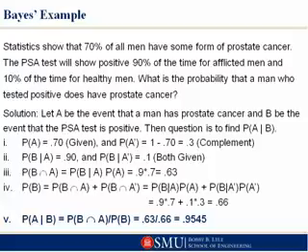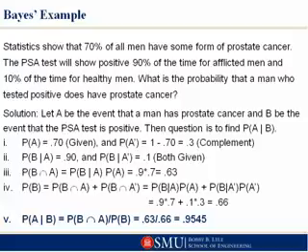This is kind of what you run into, right? You can have false positives and false negatives. The medical community looks at that very carefully, and this kind of work is very common. So you have a test, and 70% of all men have some form of prostate cancer.